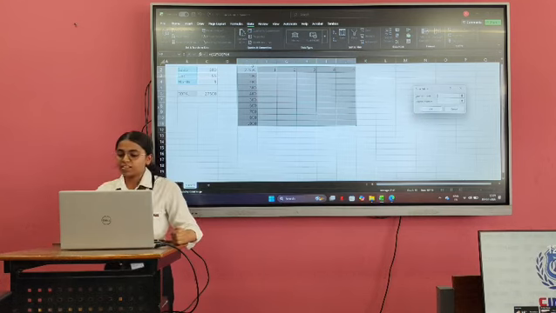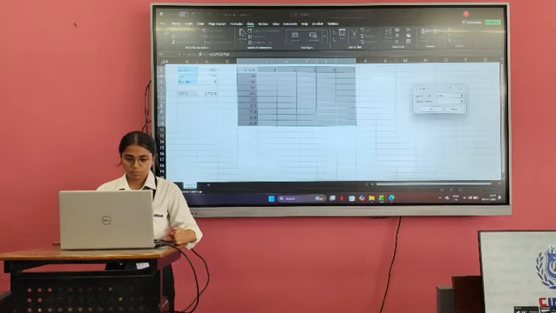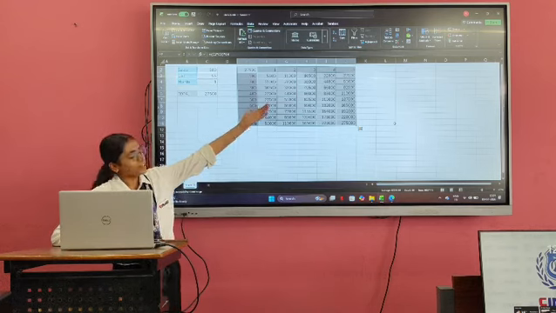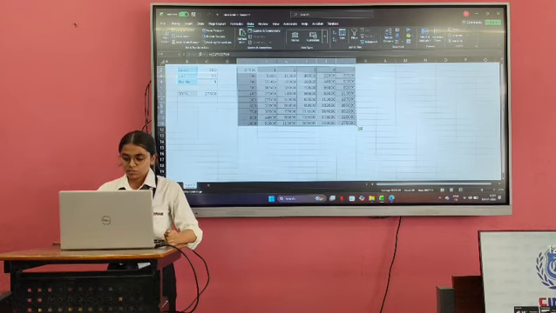First is row input cell and second is column input cell. Here the values come, as you can see.